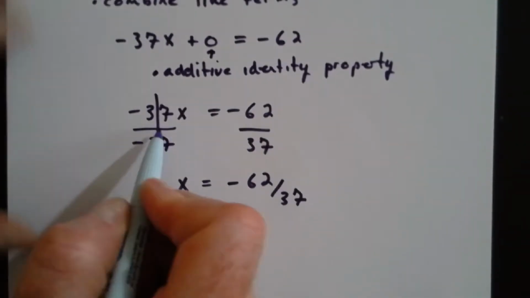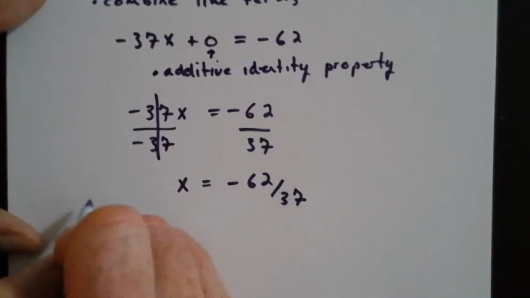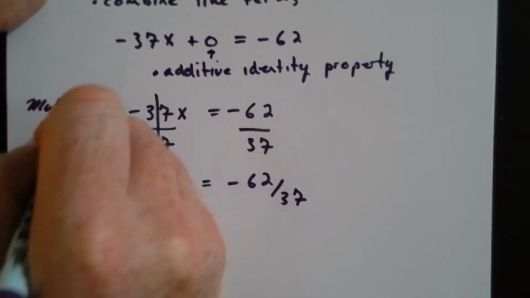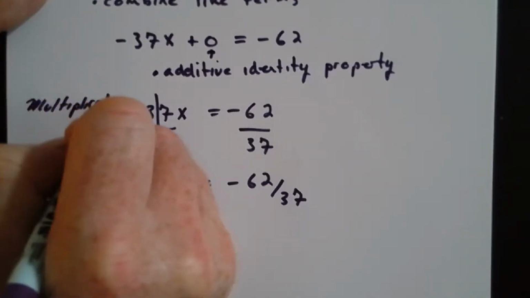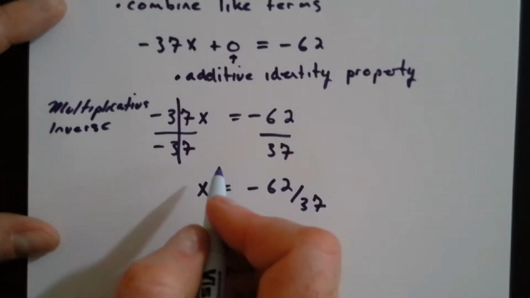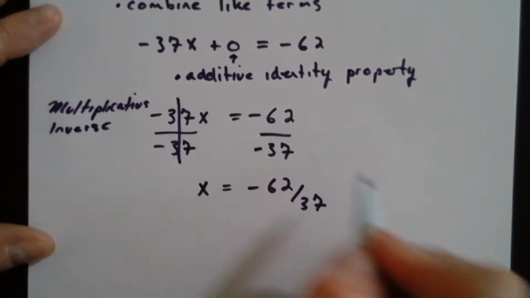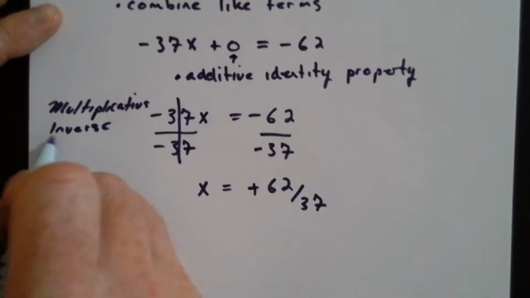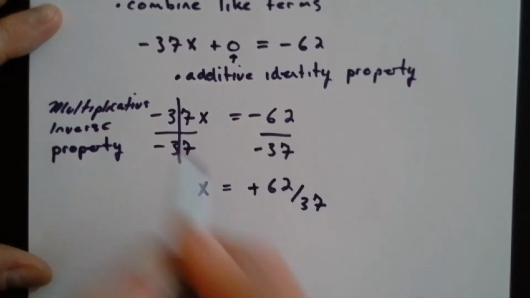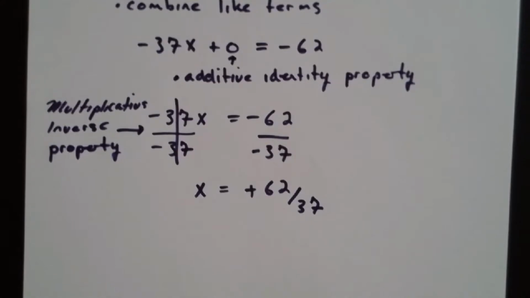This is the multiplicative inverse property. That's the multiplicative inverse property.